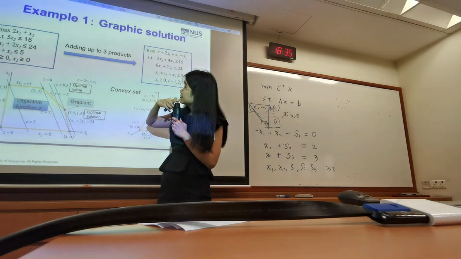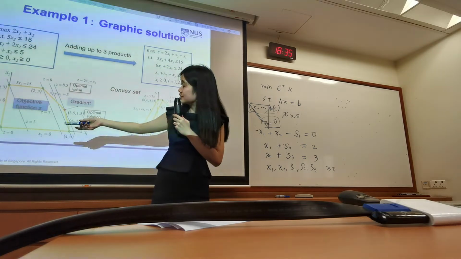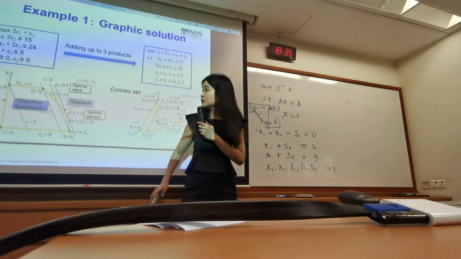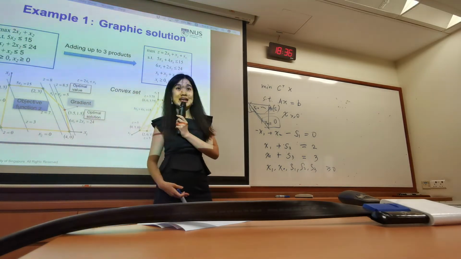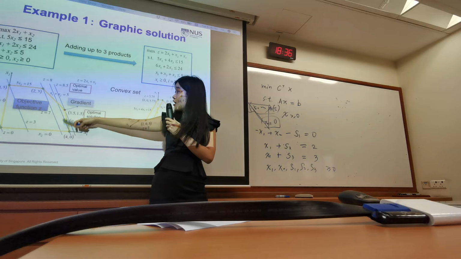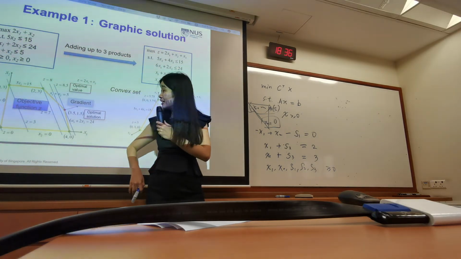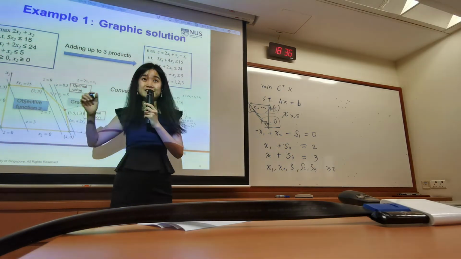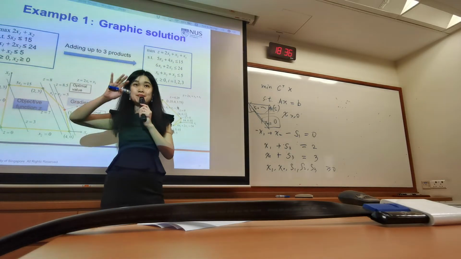We have the objective function, we have the constraints, and we can then visualize all the constraints. Because it's just x1, x2, it's simple. You can plot all the feasible region and then get the optimal value. You evaluate your objective function, so this z is 2x1 plus x2, like a 3D space.